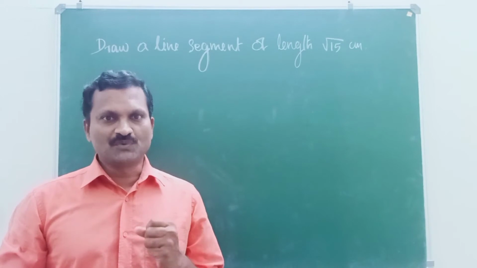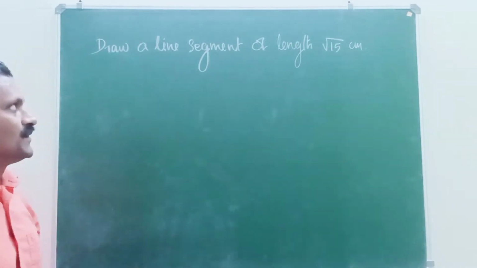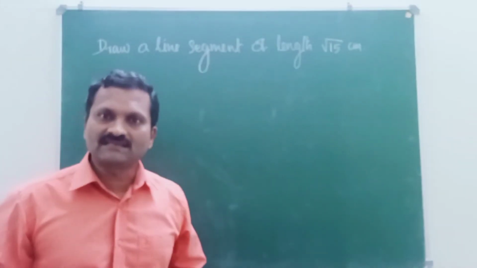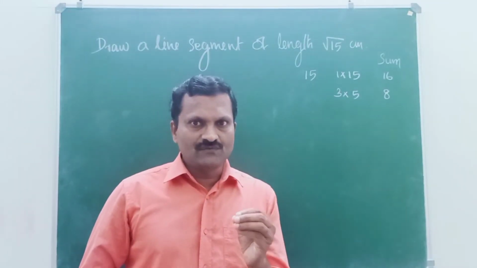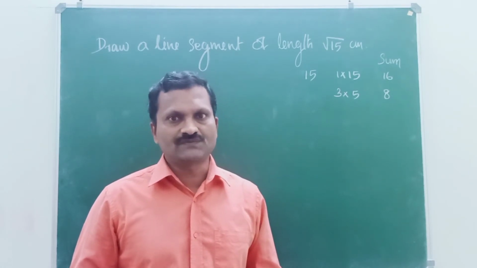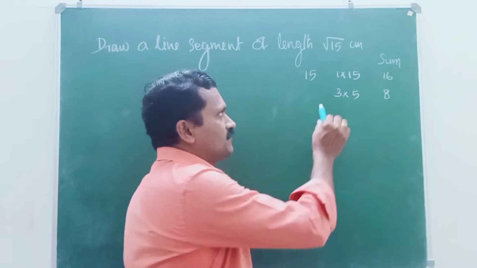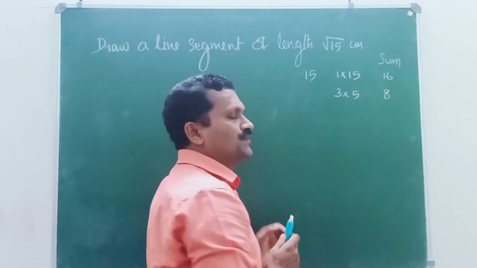Next we move to some constructions. The first question: draw a line segment of length root 15 centimeter. First we find two numbers whose product is 15. The numbers are 1 into 15 or 3 into 5.